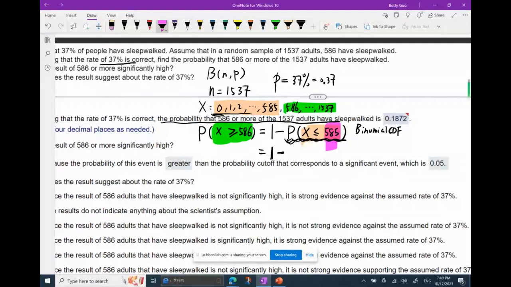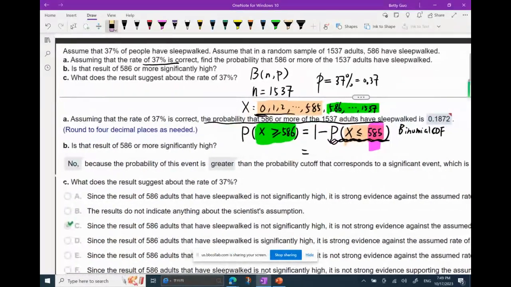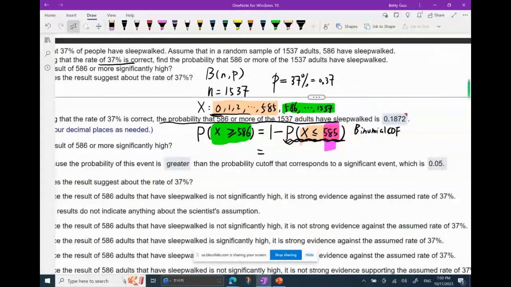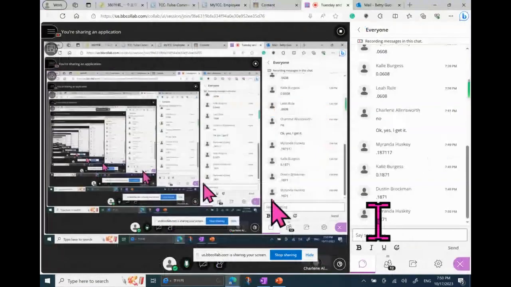And what do you have? After I entered 1 minus in the calculator, what I'm having right now is the probability of the green. What's your answer? I have 0.1871160333. Very precise. If we keep 4 decimal places, we round it down to 0.1871. If we keep 6 decimal places, it is 0.187116.